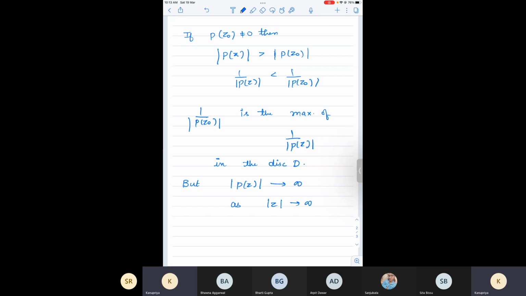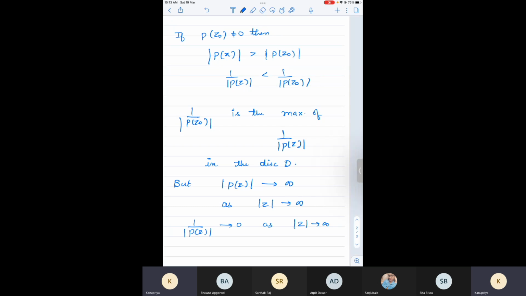Do you know the result? Yes, ma'am. Okay, which will imply that 1 by P(z) will go to 0 as mod z tends to infinity.